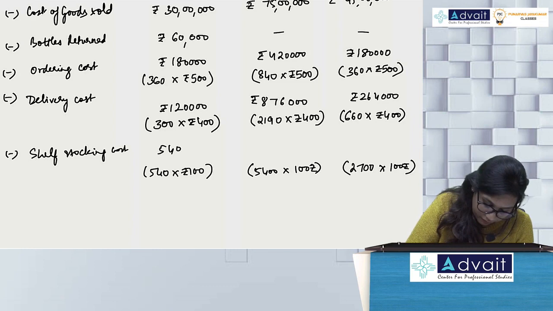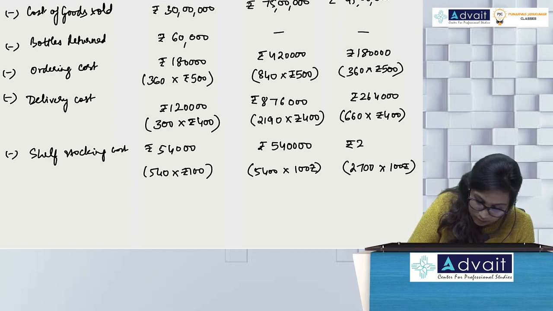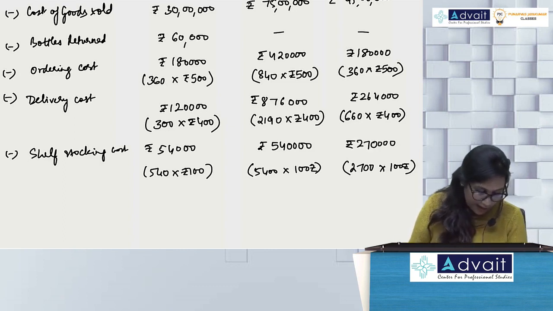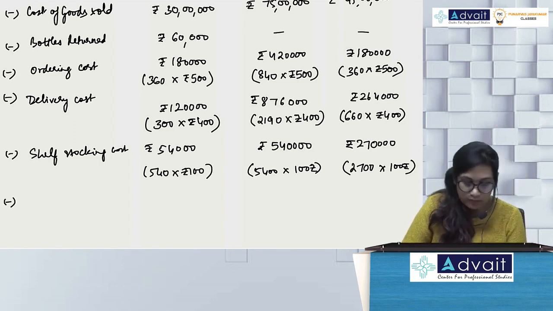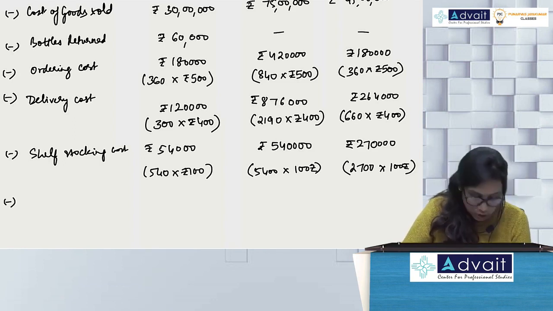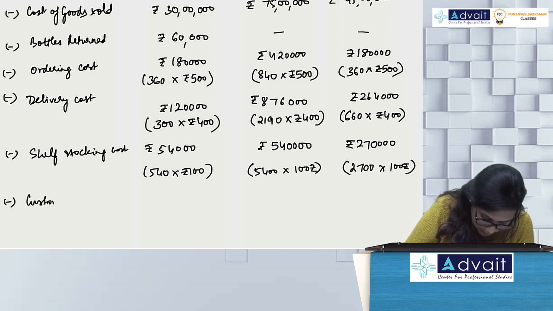So you get 54,000, you get 5,40,000, and you get 2,70,000. Guys, correct?